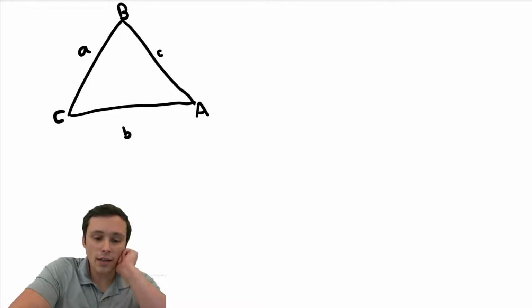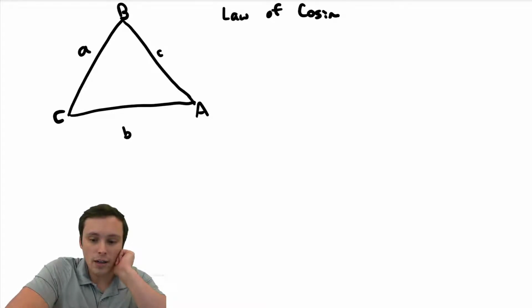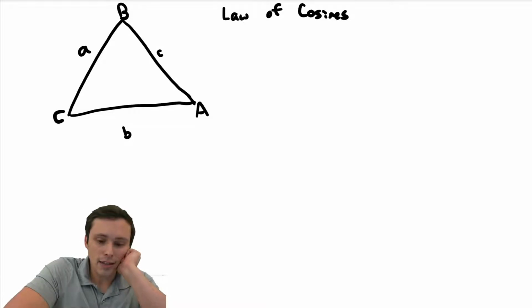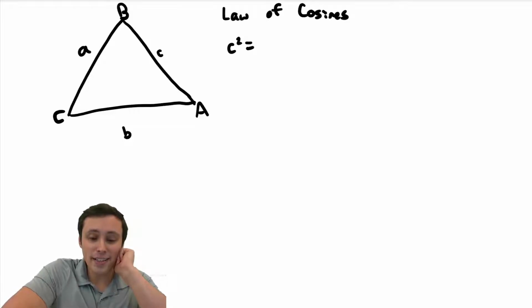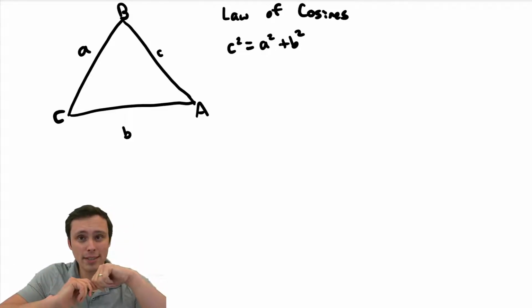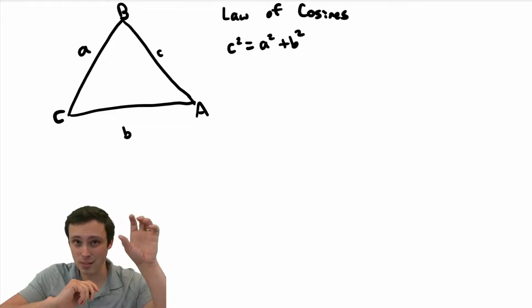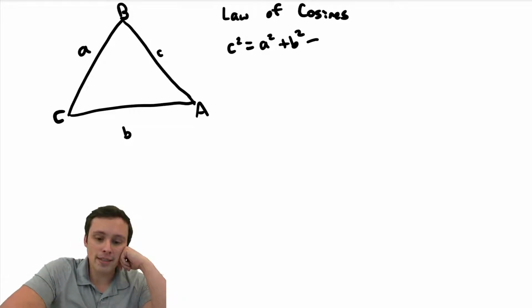All right, now what does the law of cosines actually say? So the law of cosines says that if you do side length c squared, so that's a lowercase c, hard to tell, I know, equals a squared plus b squared, and if I stopped right here, that's the Pythagorean theorem, and that's how I memorize this. It's the Pythagorean theorem minus some stuff.